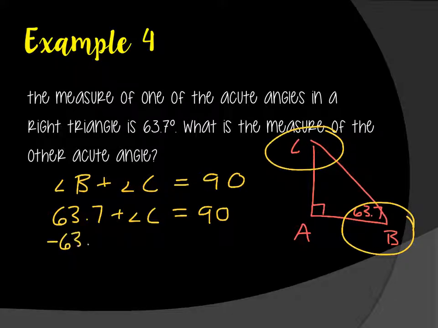Subtract 63.7 from both sides. So we get angle C is equal to 26.3.